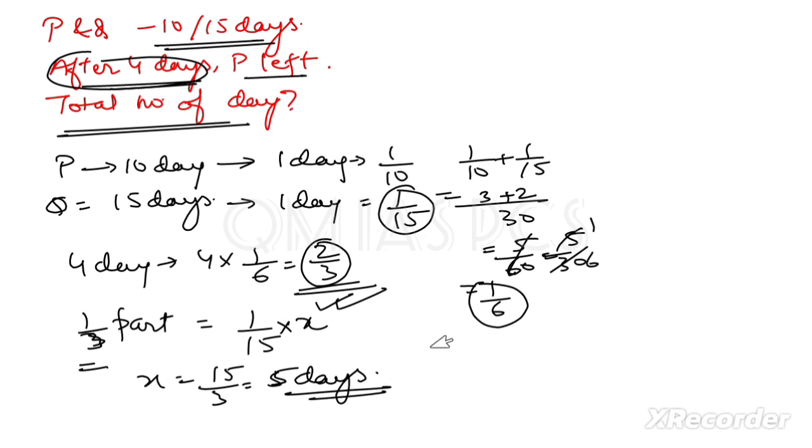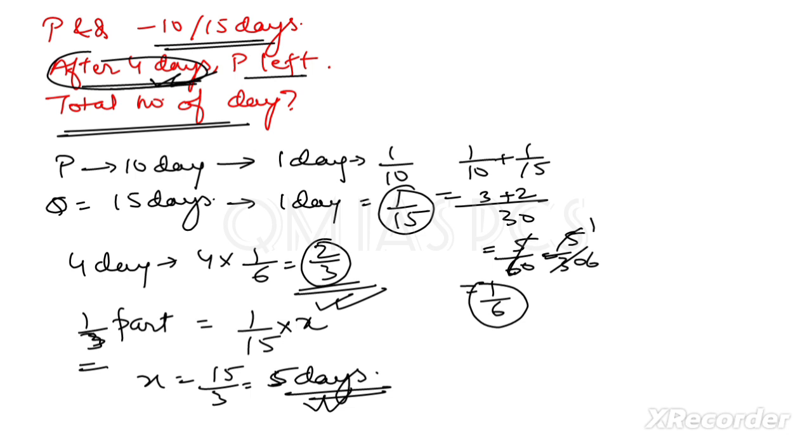When the question asks for the total number of days to complete the full work, it will be 5 days plus these 4 days, not only 5 days. If it is given how much time only Q takes to finish the remaining work, the answer will be 5 days.